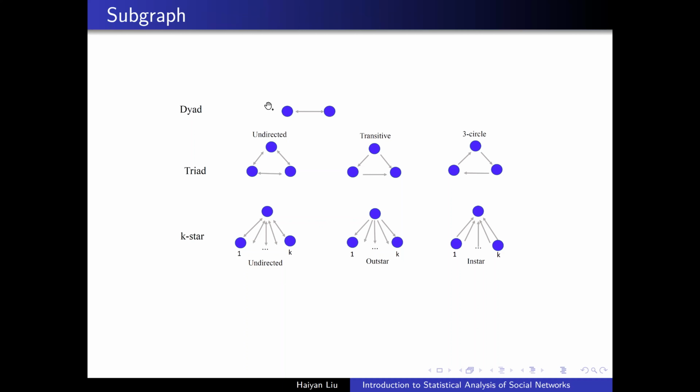Now, similarly, we could include the three nodes in a subgraph as well as the potential relationship among those three nodes. Now, this is an example of a triad with pairwise connections in an undirected network. Now, this is a triad with three nodes in a directed network.